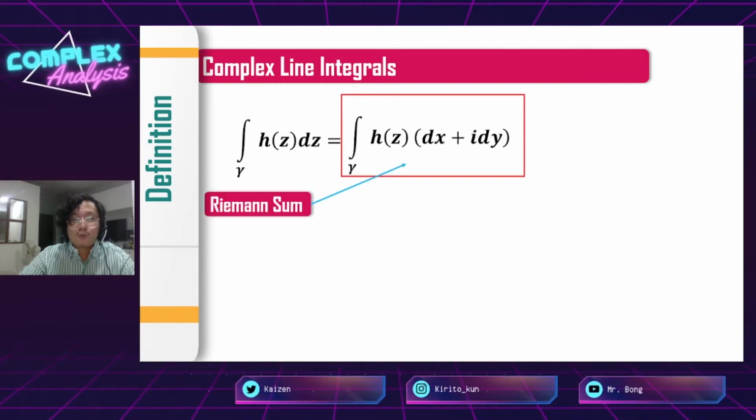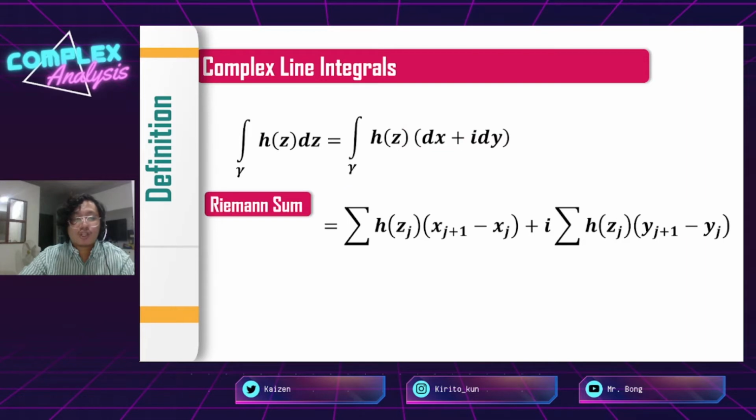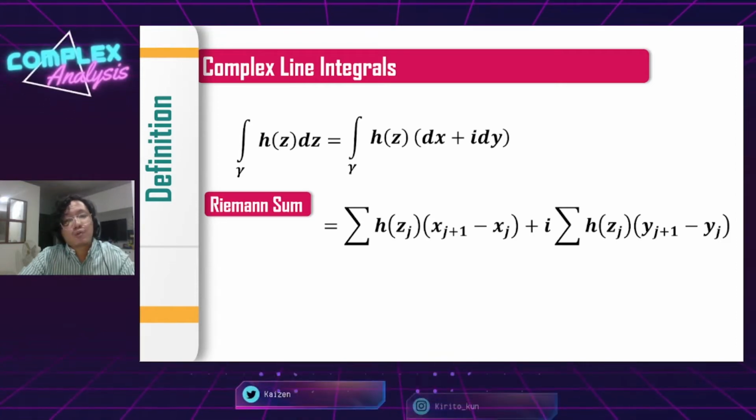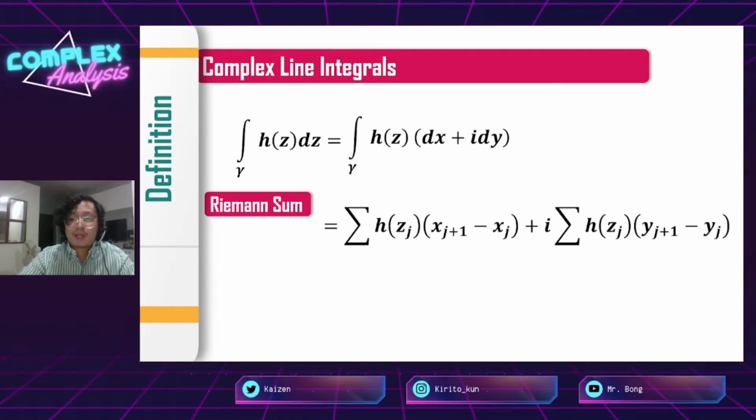Then by using that parameterization, we can have this as the summation of h of z_j times x_{j+1} minus x_j, plus i times the summation of h of z_j times y_{j+1} minus y_j.